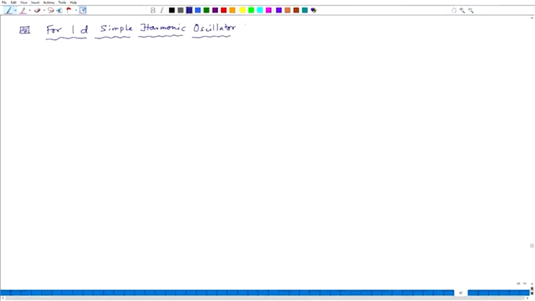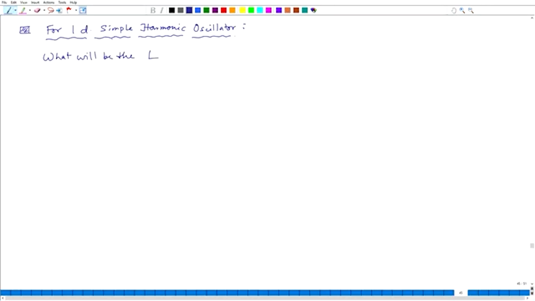But here we start from the statement that we try to construct the Lagrangian for the 1D simple harmonic oscillator. So, what will be the Lagrangian?